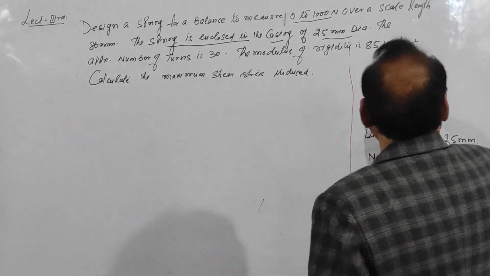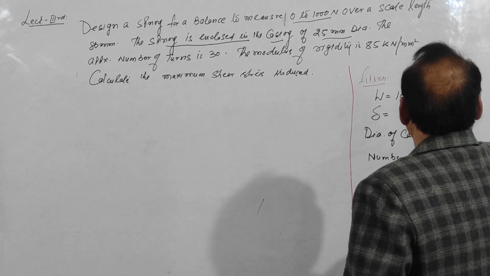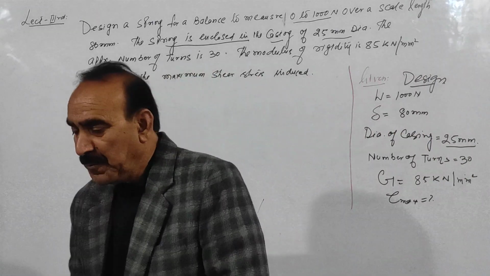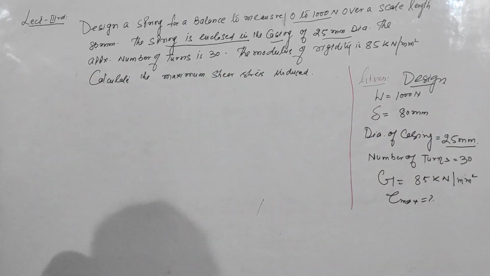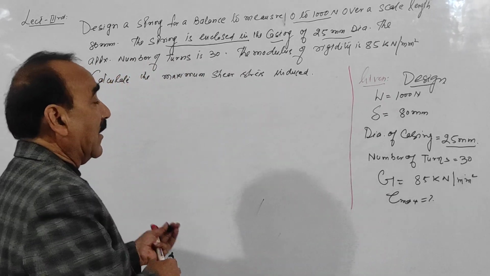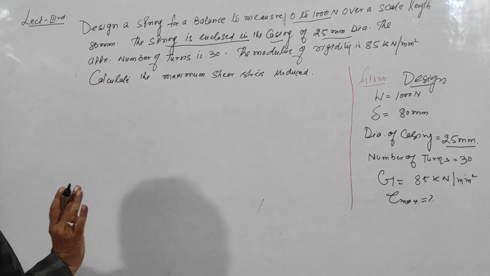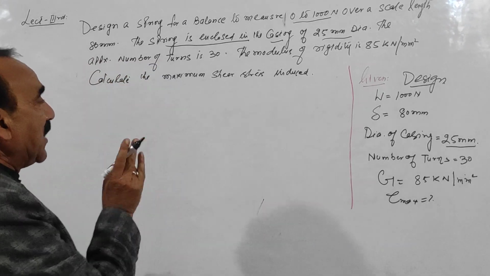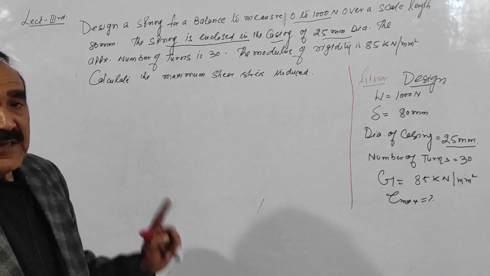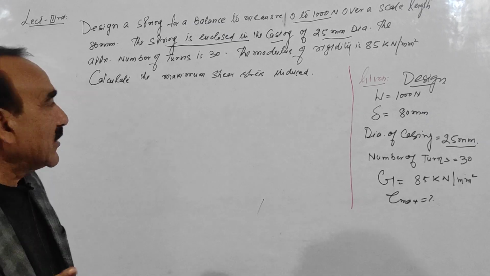So पहले हमें क्या करना है? डिजाइन ऑफ द स्प्रिंग. राइट. So these things are given to you. तो अब इसको हमें डिजाइन करना है. राइट. अब देखिए जब डिजाइन आपने करना है तो डिजाइन में जो मेन स्टार्ट है आपका, एक तो आपको डायमीटर ऑफ वायर चाहिए जबकि यहां पे नहीं दिया है, और दूसरा मीन डायमीटर चाहिए.